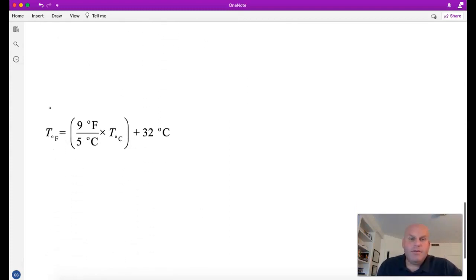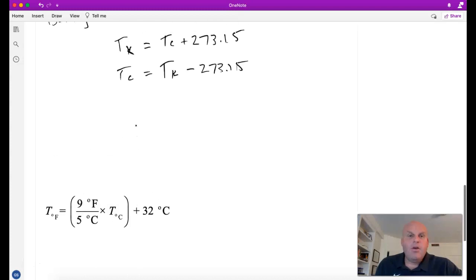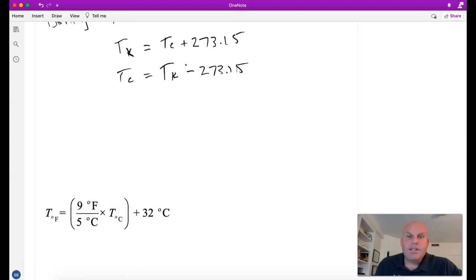And so here is the conversion from degrees Celsius to degrees Fahrenheit or vice versa. If you have a temperature in Fahrenheit and need to get it into Kelvin, it would just be a two-step process where you would first use this formula, then you have it in degrees Celsius. You can then go from degrees Celsius to Kelvin by adding 273.15.